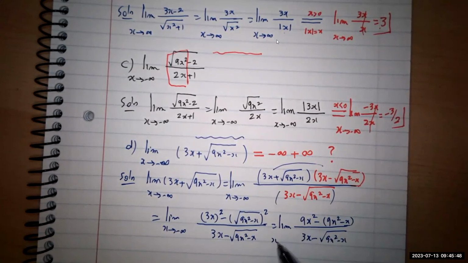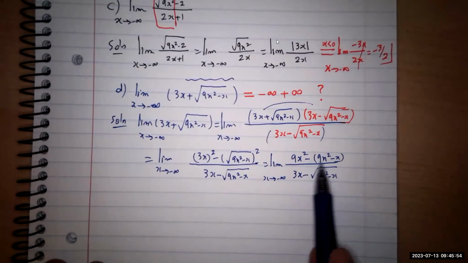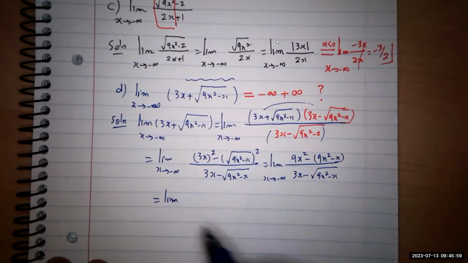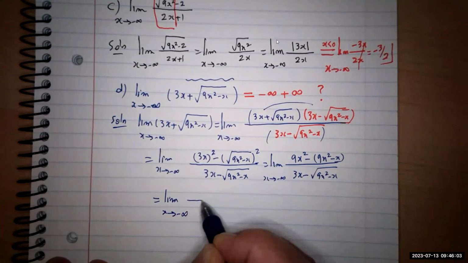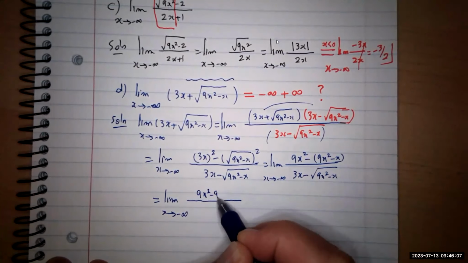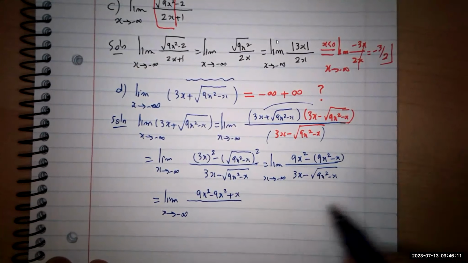Just keep going to simplify the top. There's a negative here, apply it inside the parentheses. So it's going to be the limit as x goes to negative infinity. Now the top is going to be 9x squared minus the 9x squared and plus x.